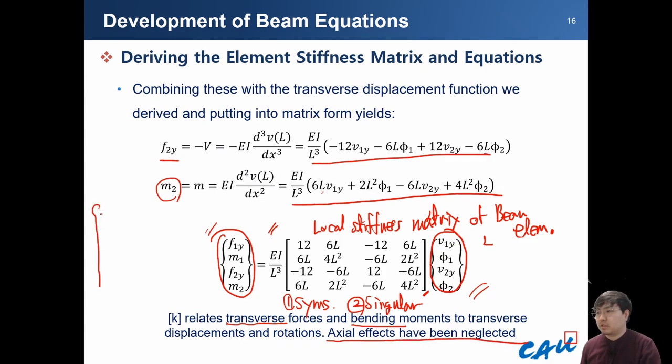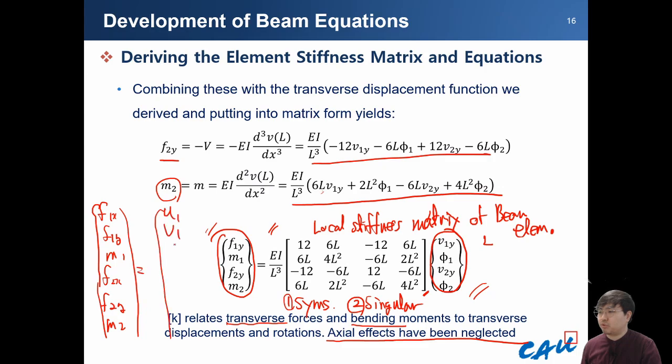I think you guys are very smart. So our final goal is to obtain this relationship: U1, V1, phi1, U2, V2, phi2. And here, K is the local stiffness matrix.